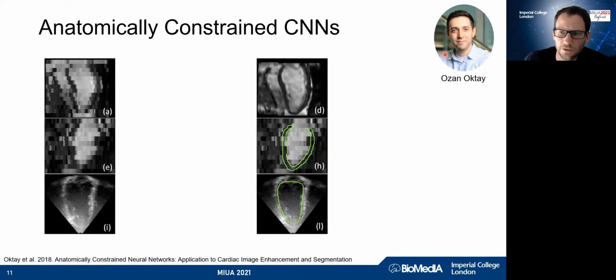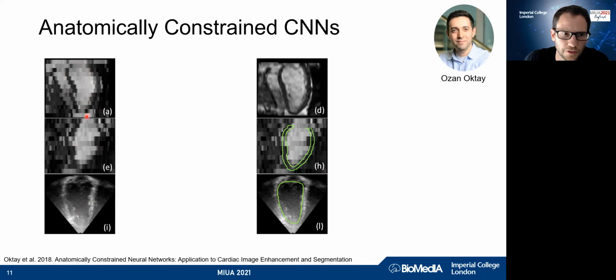And the idea here is, so the task that Ozan was working on back then was a joint task of super resolution and segmentation. So the main application was cardiac MRI, but it was also applied to ultrasound. But let me focus on the cardiac MRI example here. So typically in cardiac MRI in clinical practice, for instance, for short axis scans, we might get these scans that have high in-plane resolution, but low out-of-plane resolution.